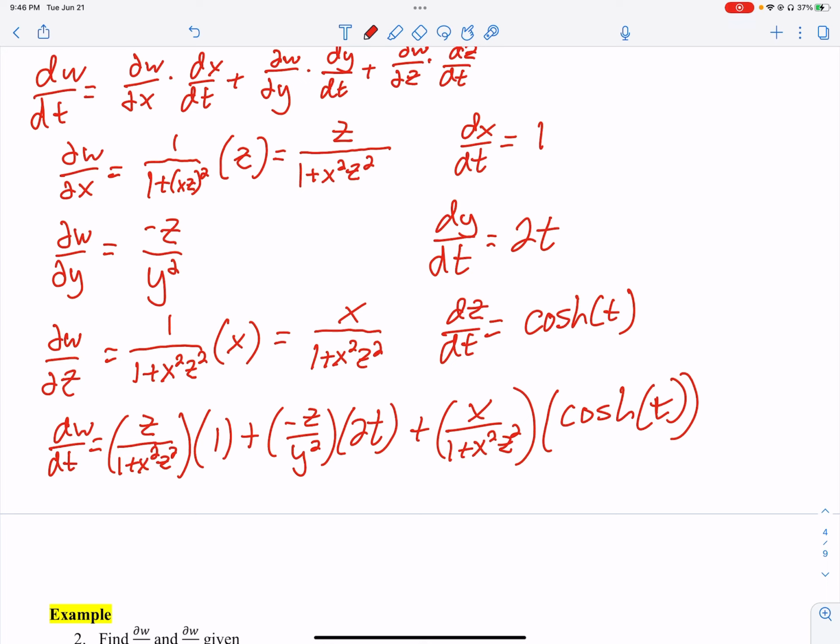I'm going to leave it there. I could clean it up and do a common denominator, I guess, but it doesn't really get cleaner besides putting things in the numerators. I'm just going to go ahead and stop for the sake of time there.